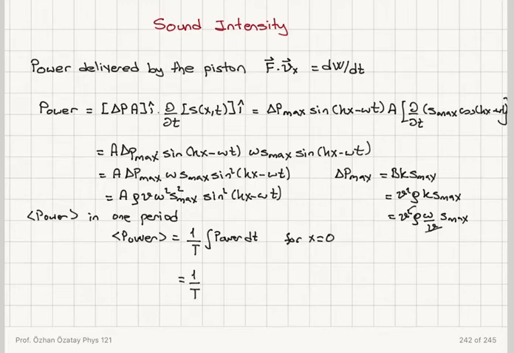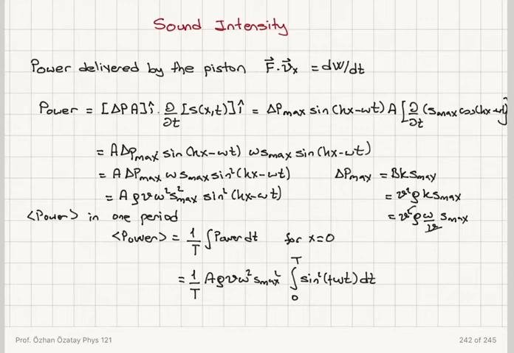This will be equal to 1 over T, A rho v omega squared S max squared, integral from 0 to T of sine squared(kx minus omega t) dt. And because I'm taking this square, if it's a minus omega t or plus omega t, doesn't matter.